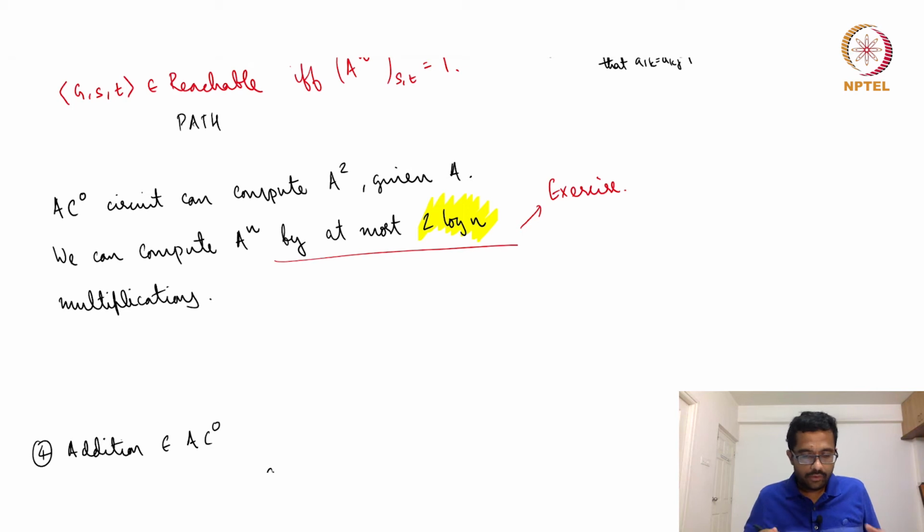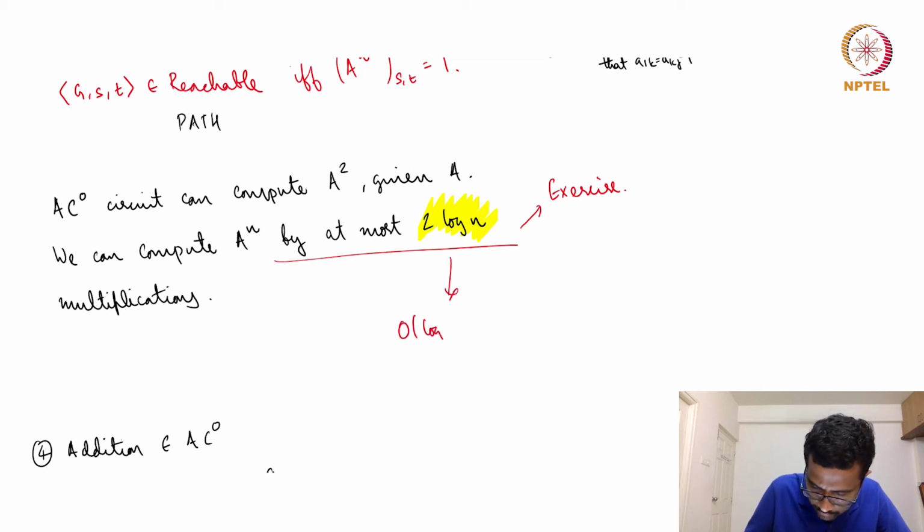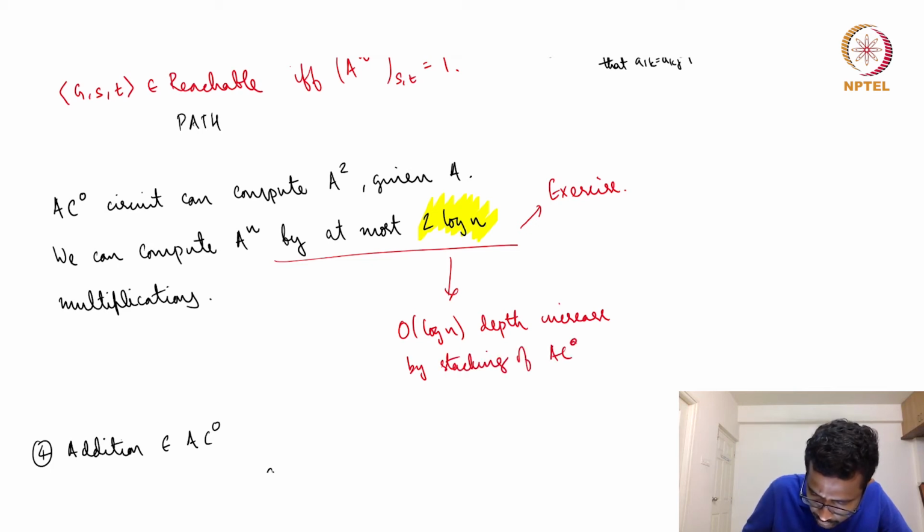So you will use an AC0 circuit 2 log n times, and perhaps the output of one is used in turn as an input of the other. So an AC0 circuit repeated 2 log n times means the depth can become order log n from a constant depth circuit. This results in an order log n depth increase by stacking of AC0 circuits.